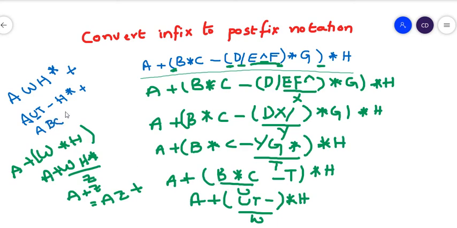U means simply BC star, and then T means YG star, and you can take the remaining symbols like minus, H star, plus.